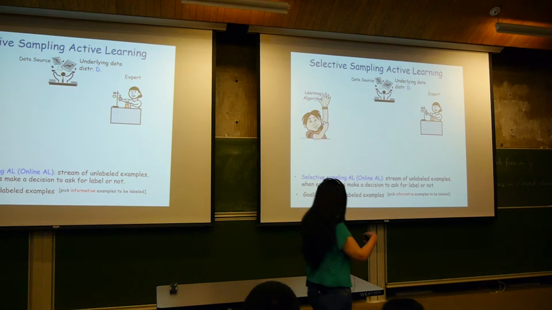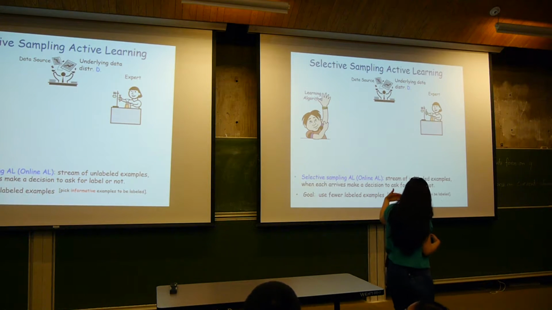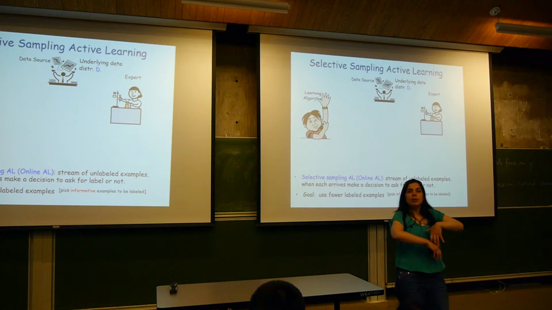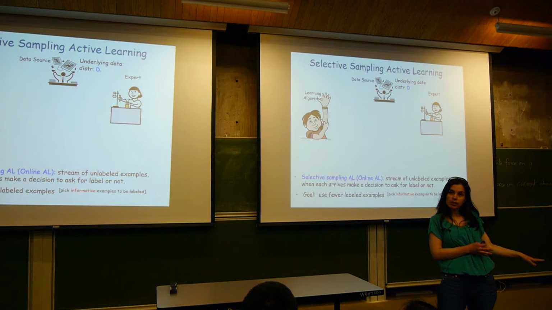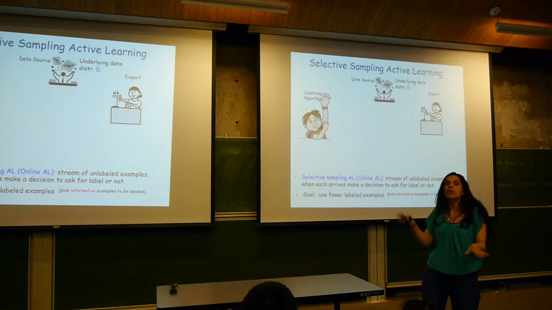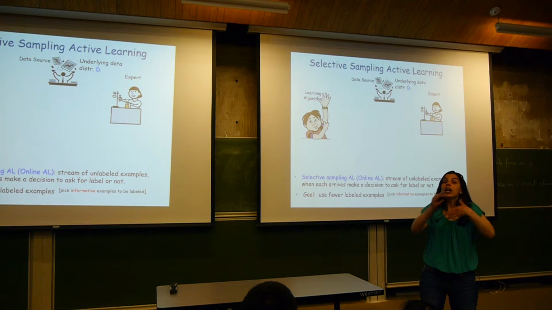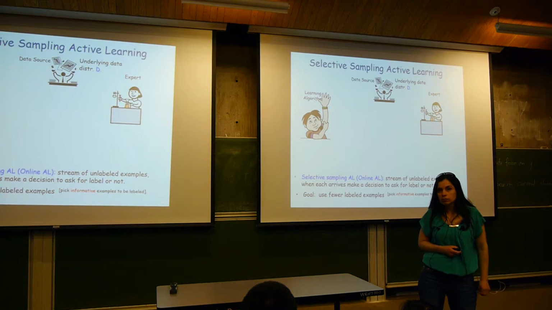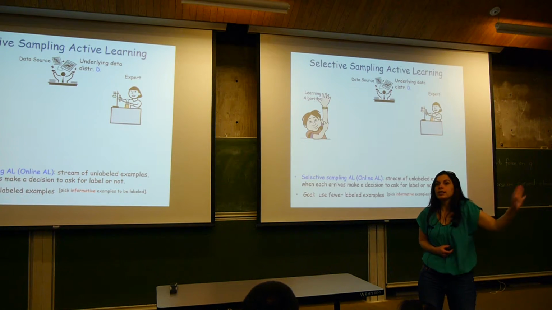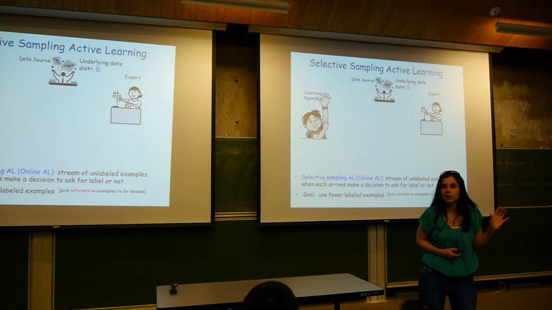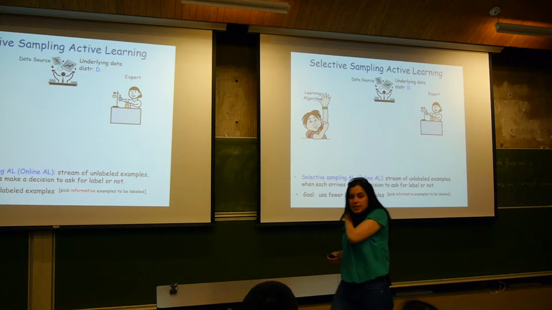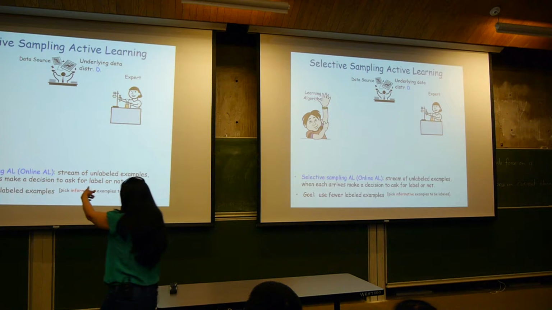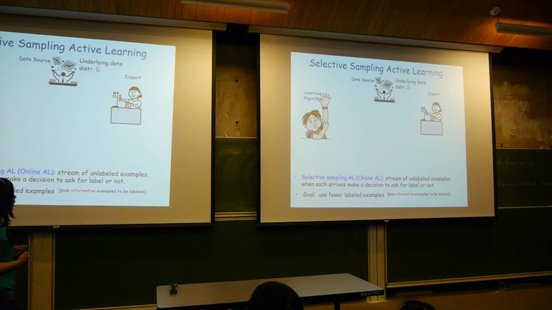But instead of seeing the unlabeled points at once, as in batch active learning, we see a stream of unlabeled examples, and when each one arrives, we have to decide right away whether to ask for the label or not. If we ask, we get more information and can update our state; otherwise that opportunity is gone. I cannot query the label of that example in the future. That's stream-based, selective sampling, or online active learning.